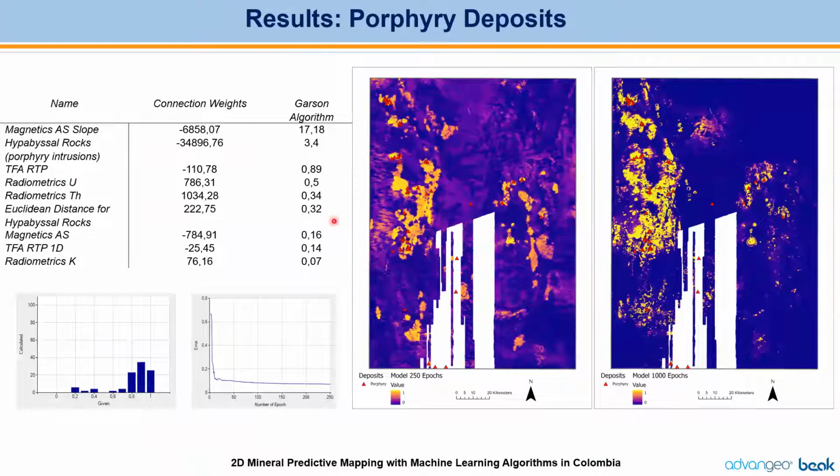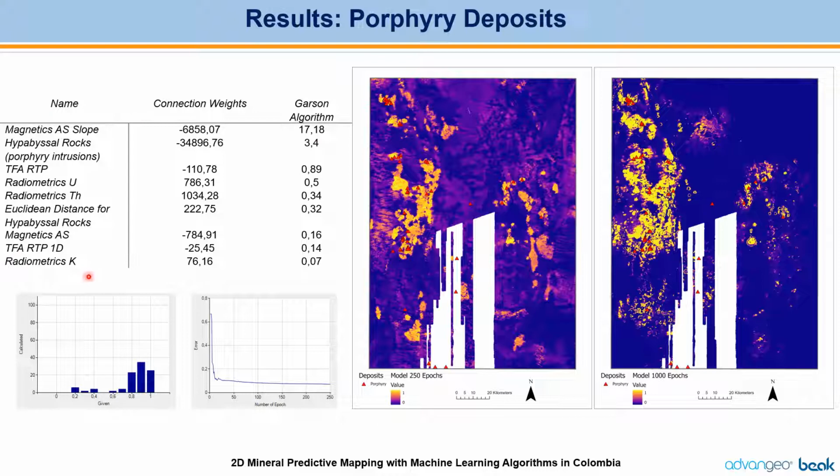What are the results? So the first part is for the porphyry results. This histogram identifies that the majority of the porphyry known deposits were almost properly marked as 1. And this error curve identifies the difference between reality and the prediction. So the idea is we want to reach the lowest possible error to get closer to reality.